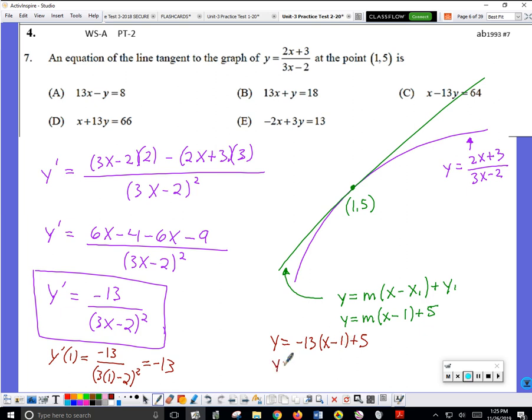So I'll distribute. And now I can see the answer. They simply moved the 13x to the other side. It's that one. You want to talk about it?